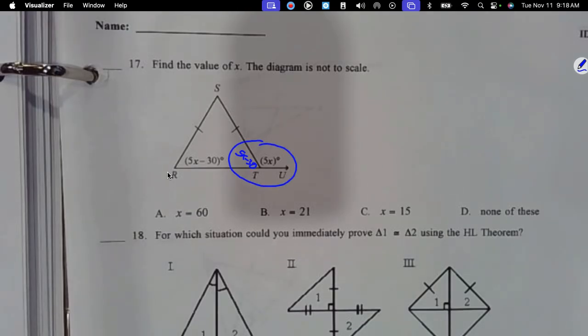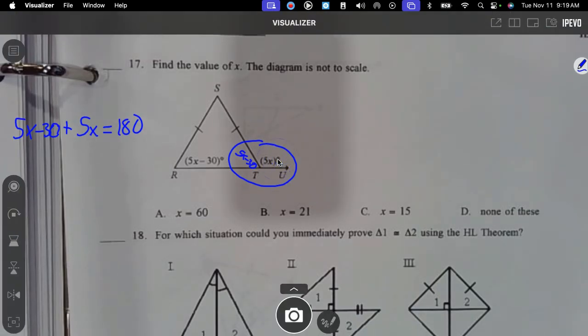Is everybody good with that? So I'm just going to put 5x minus 30. And if I add this 5x to it, it would equal 180. Any questions on that? Since these two are the same, I just rewrote it. And those add to 180 because they're a linear pair.